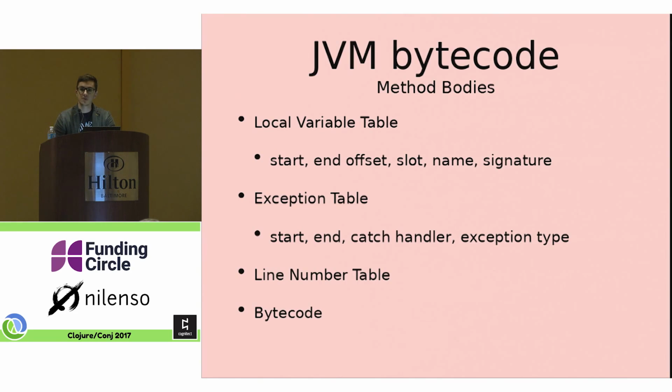We have an exception table which tells us the bytecode offsets where an exception handler will be active. And we have a line number table which tells us which bytecode offsets map to which code line and columns. And finally, we have the proper bytecode.